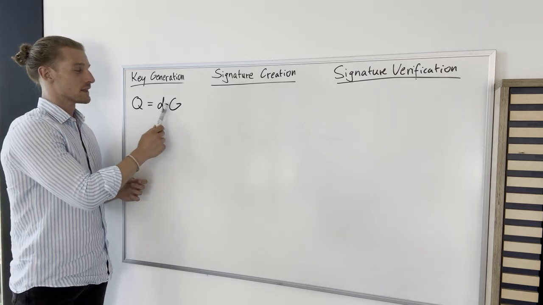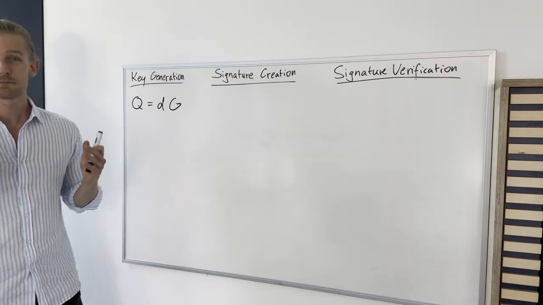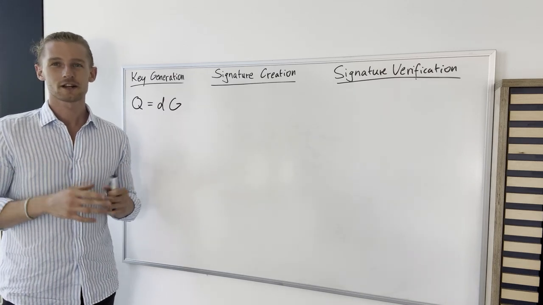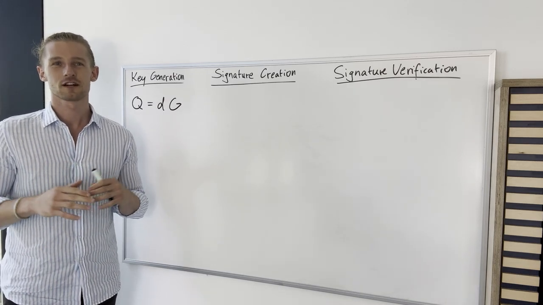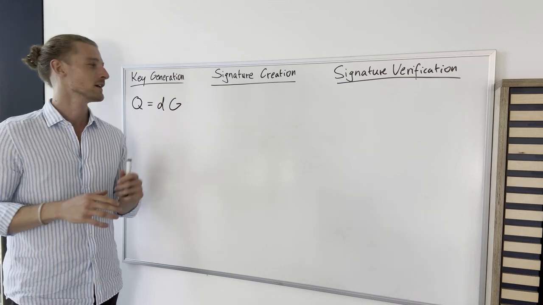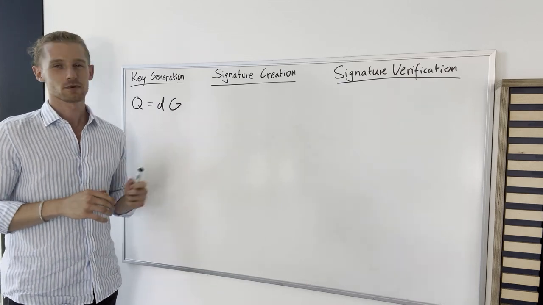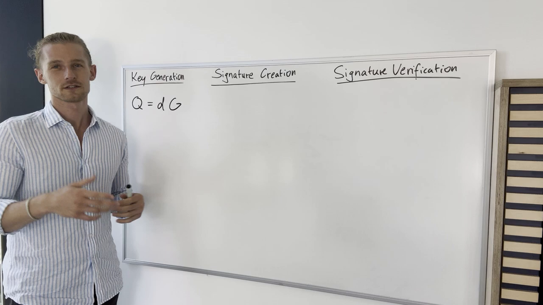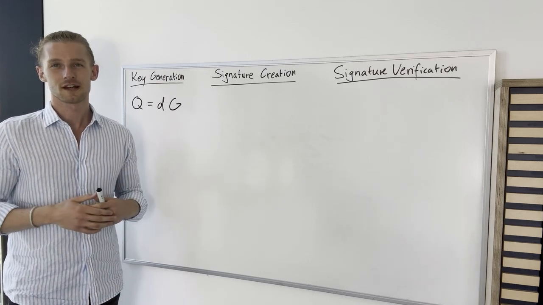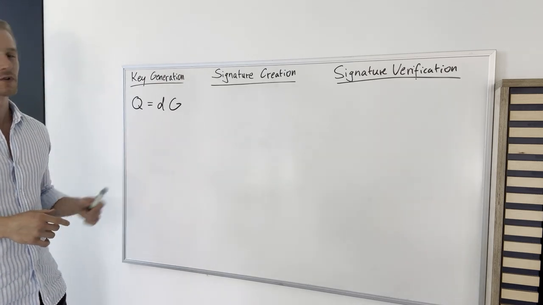Now remember, the generator point G is publicly known and its X and Y coordinates are the same every time we use it. So everybody in Bitcoin uses the same generator point. This is really important because computations need to be reproducible and deterministic, which is guaranteed by doing this.